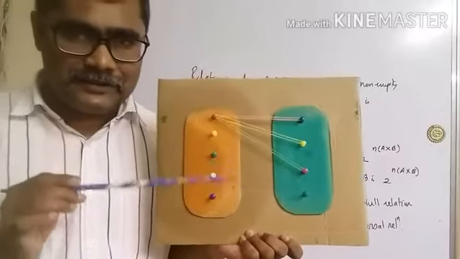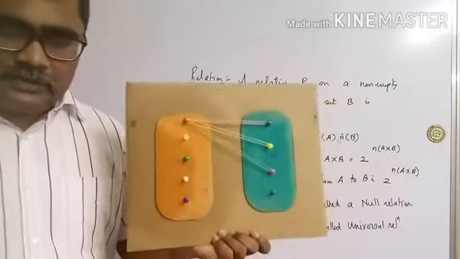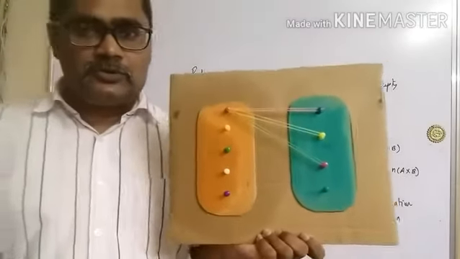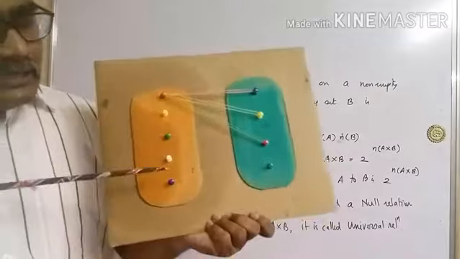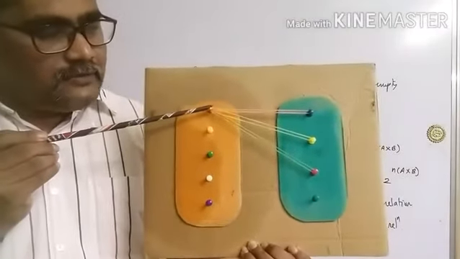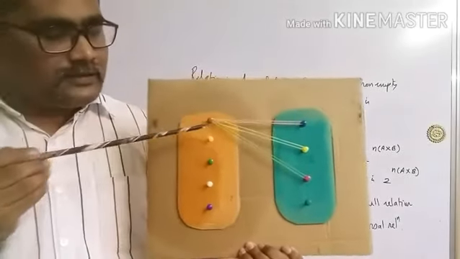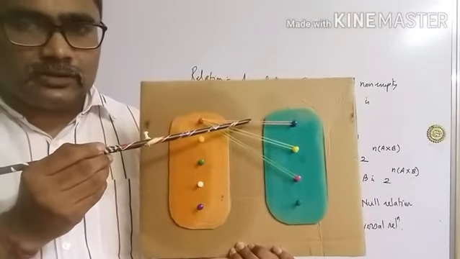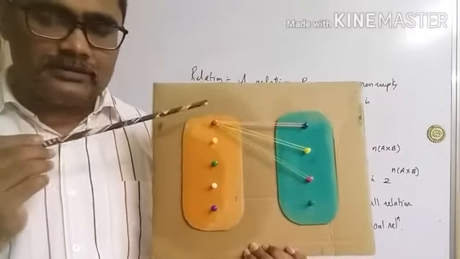You will understand. Then before I write anything over there, let me again tell you two very important definitions. If I say that this element is related to this, I have to draw an arrow here. This is represented by the rubber band.